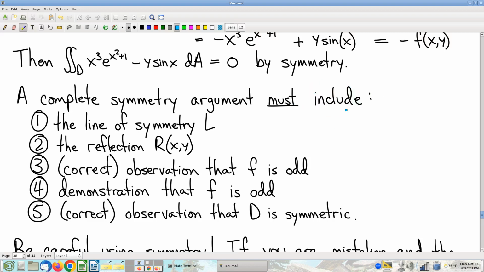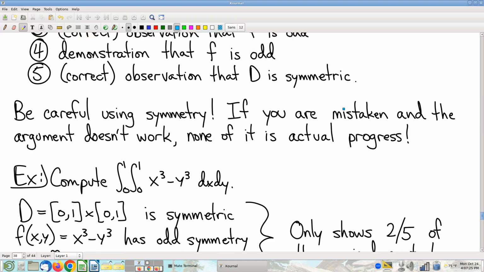Okay. All right. Last thing I'm going to comment before we do some more examples, do be careful. There is a real danger with symmetry arguments. Because if you do a symmetry argument and you make a mistake, you misunderstood the domain, and what you misunderstood to be the domain was symmetric, but the actual domain was not symmetric. Something like that, right?